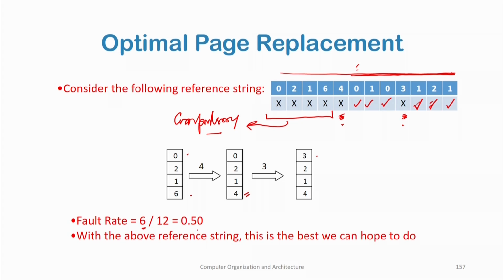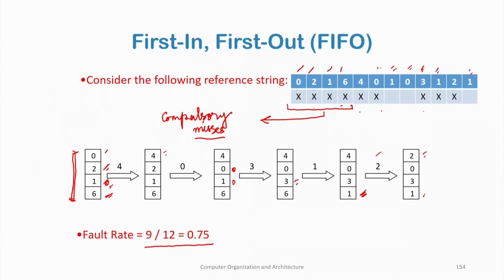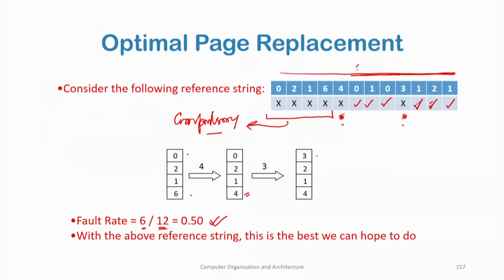The page fault rate is 6 out of 12, which is 0.5. Previously in FIFO the page fault rate was 0.75, and optimal page replacement gave me a fault rate of 0.5. So with this reference string, this is the best we can hope to do.